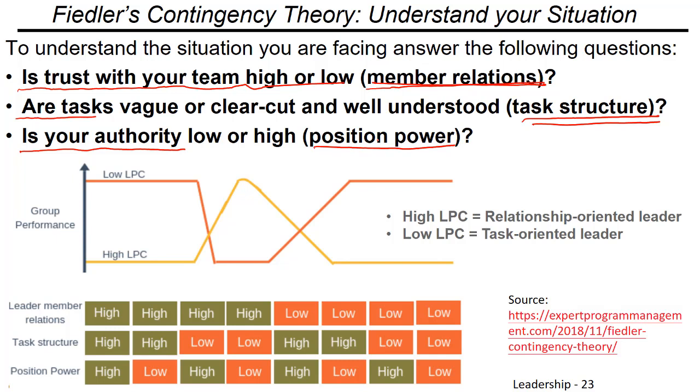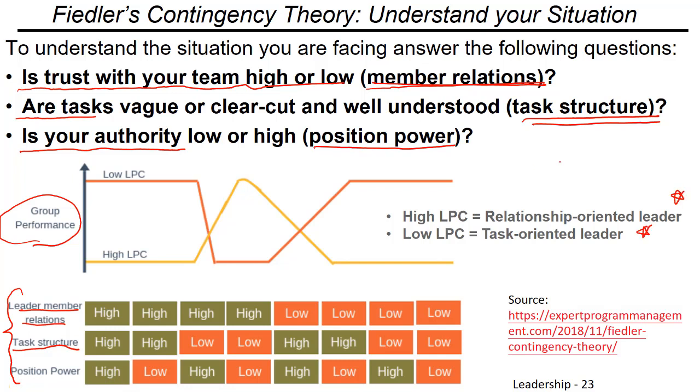So those are the three questions listed here: leader-member relationship, task structure, and position power, and each one of them can be high or low. What Fiedler has found is that group performance, based on these three contingent factors, could be high or low, depending on the leadership style.